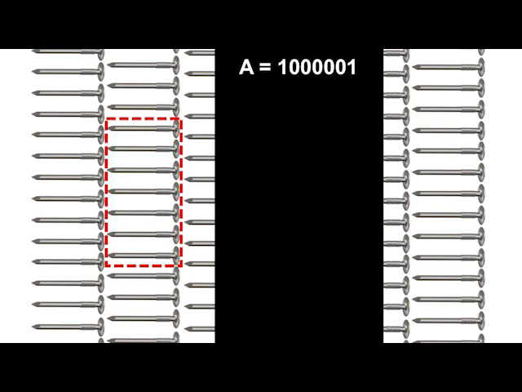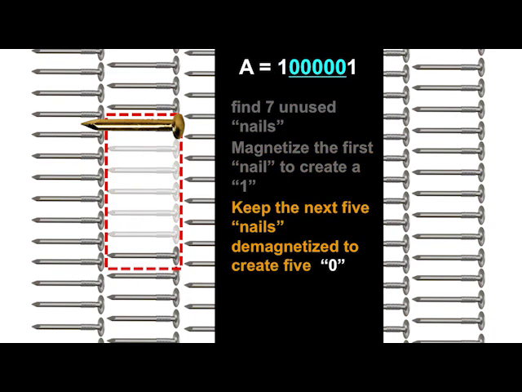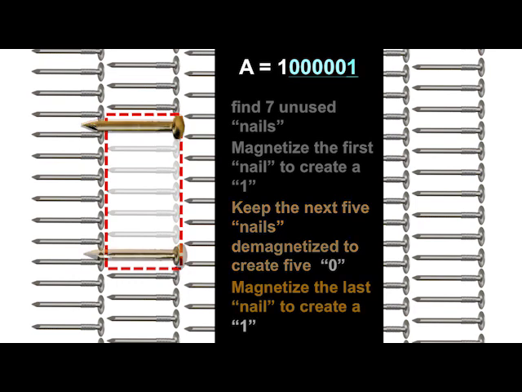So in order to store the letter A, first of all, you have to get 7 bits that are not being used. The first bit stays magnetized. The next 5 bits are demagnetized. So there's nothing there, and they stand for zeros. And then the last bit stays magnetized. So the magnetized bits represent a 1, the demagnetized bits represent a 0. There you have the letter A.